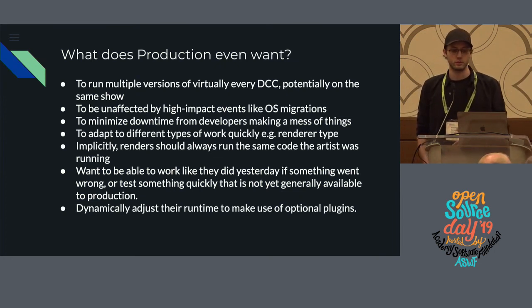We also commonly come across the issue of how do we migrate operating systems in a sane way, where we're stepping from Ubuntu to CentOS, or even subversions between CentOS 7.2, 3, 4, kind of ways of versioning forward in a way that does not break the pipeline while people are working on it, a way we can do migrations in a stepwise manner. As well as essentially flexibility around our runtime environments so that when developers inevitably screw something up, we are able to quickly adapt to that situation.